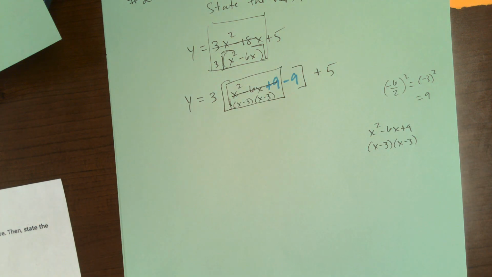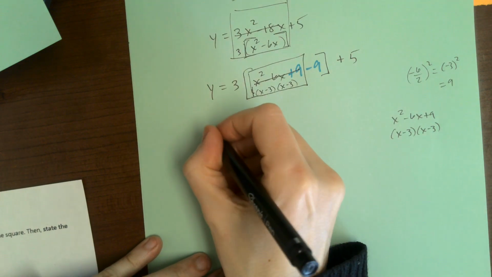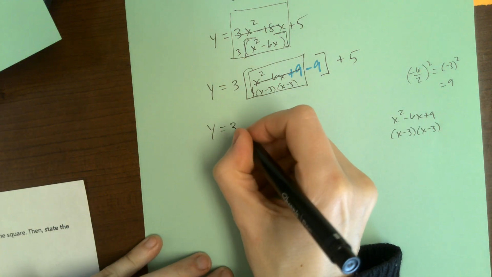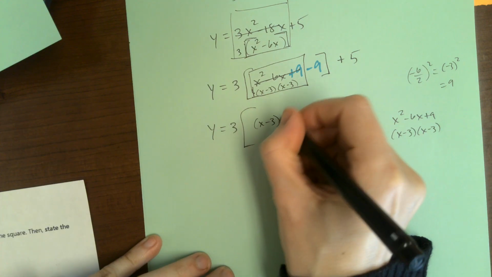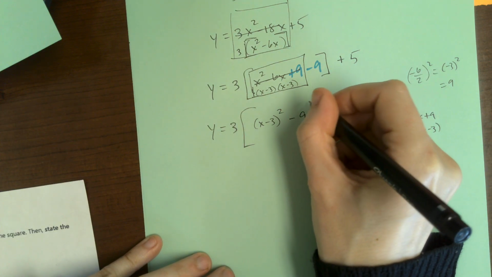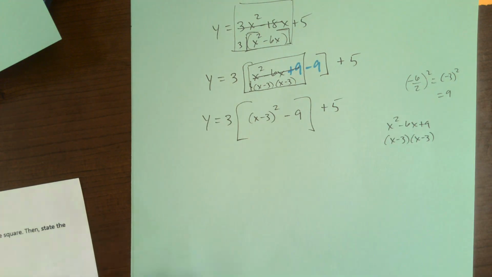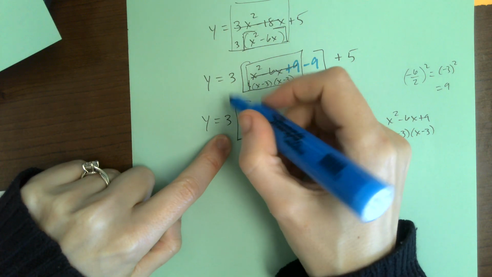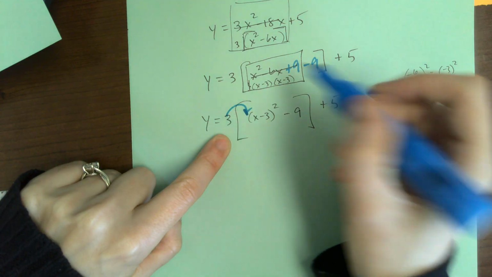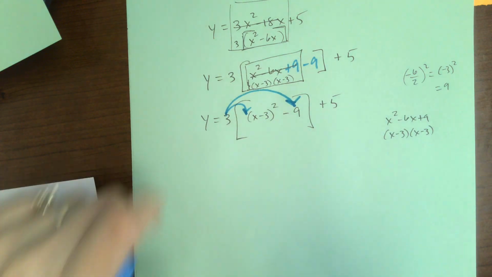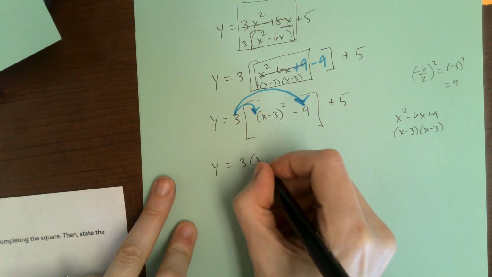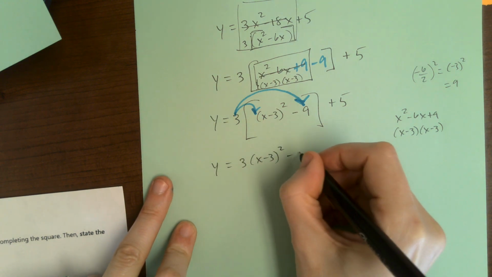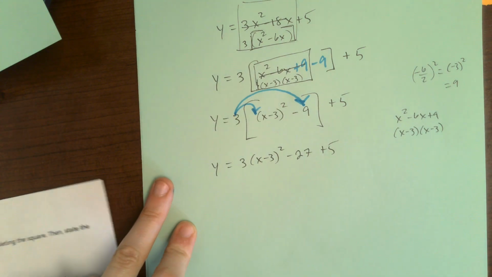So guys, you could skip any of these moves I'm showing, but in the next line, we've got 3 outside of this bracket, and then x minus 3 squared plus 5. Now this 3 gets distributed in front of that binomial and times that 3, and then the plus 5 gets carried down.